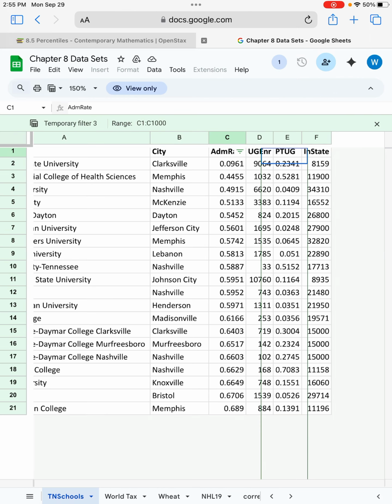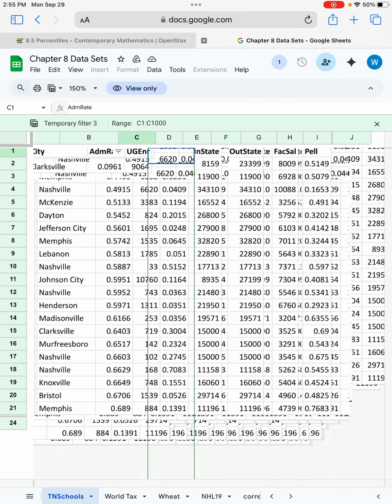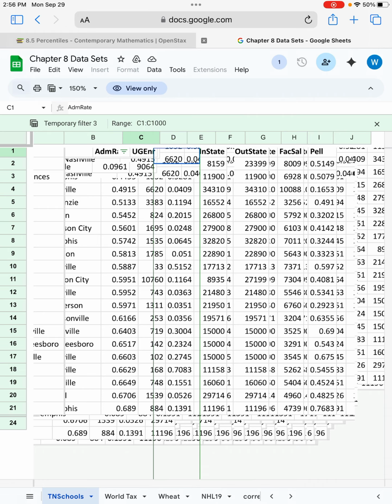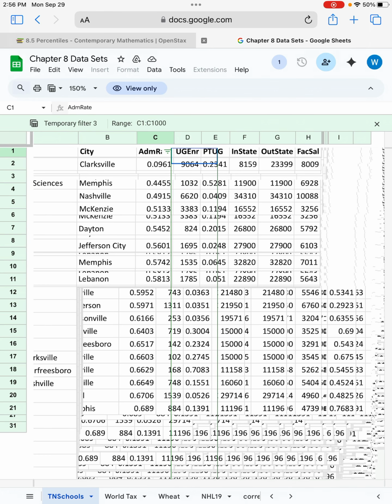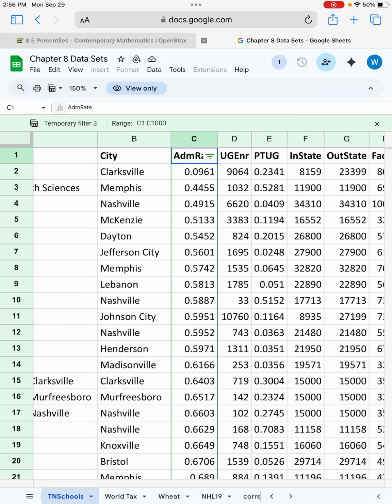Let's go find 0.5813. That came out a little bit wonky. Not sure what happened there, so I'm going to click off of that tab and come back to it. It's still sorted. Here's the 0.5813 here at line number 9.